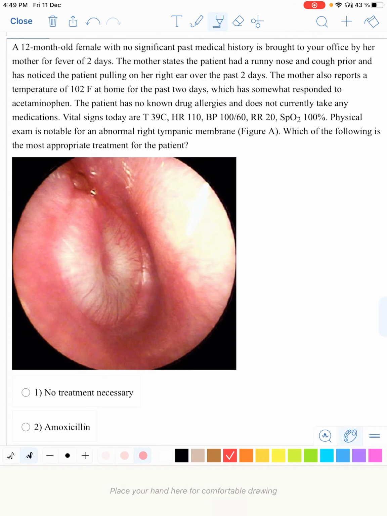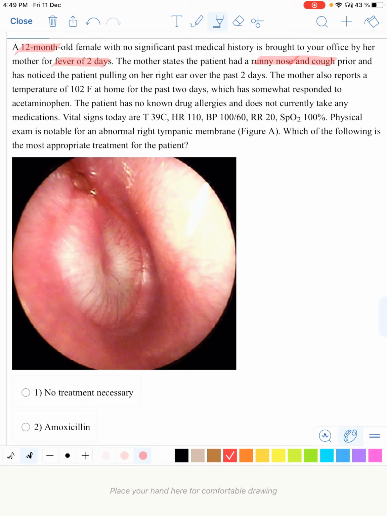Next question is that a 12-month-old child with no significant past medical history is brought to your office by the mother for fever of 2 days. The mother states the child has a runny nose. Now they said that the patient has some rhinitis or nasopharyngeal infection, or upper respiratory tract infection, and cough.